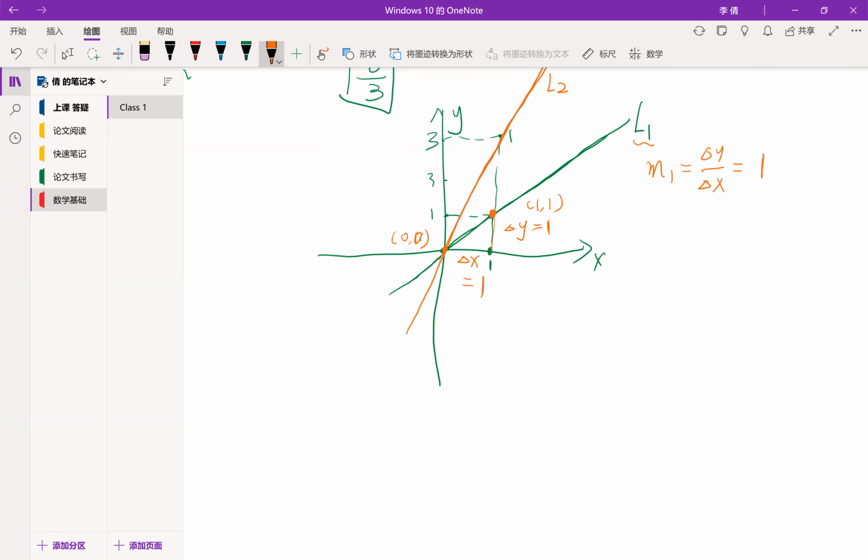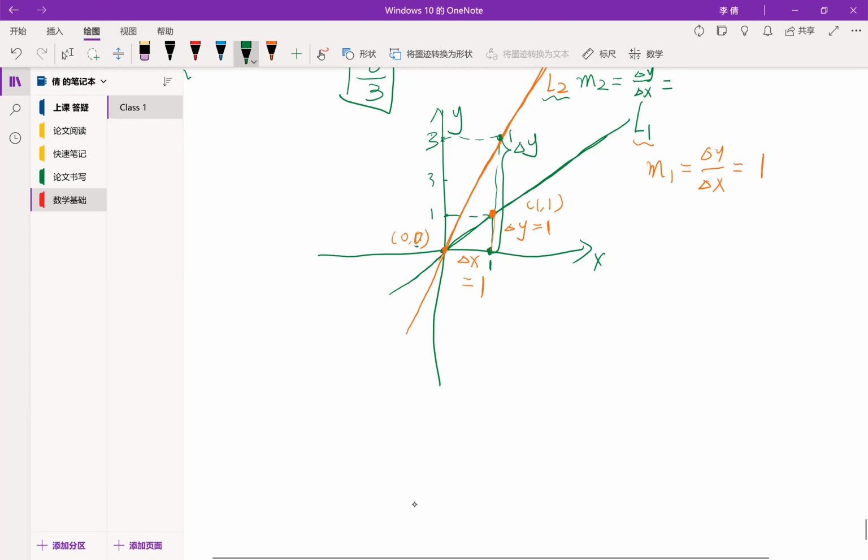And then let's see the slope of L sub 2, m sub 2, is equal to delta y over delta x. The delta y between these 2 points is equal to 3 minus 0.